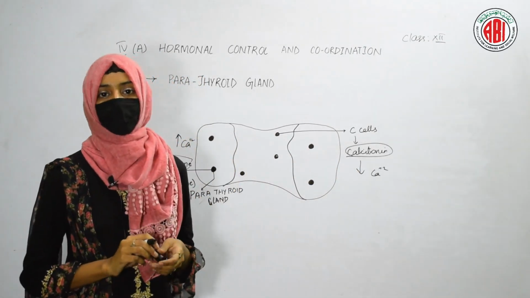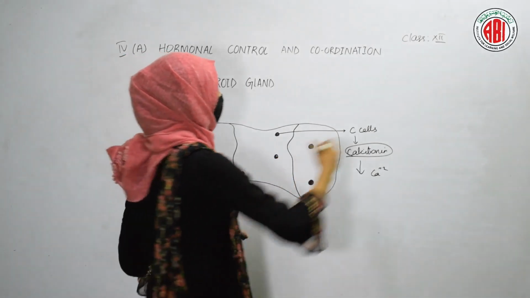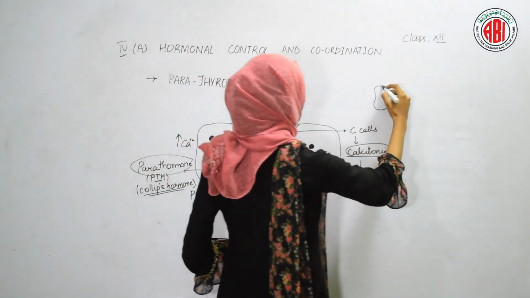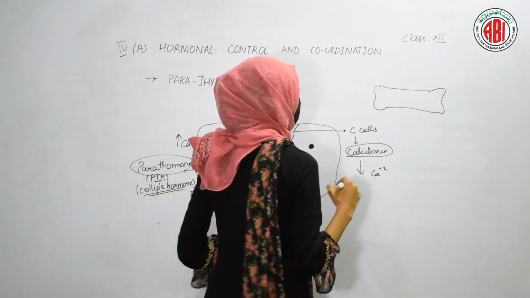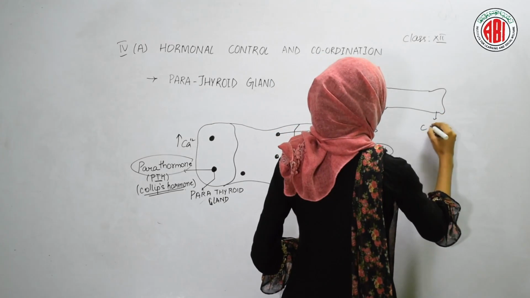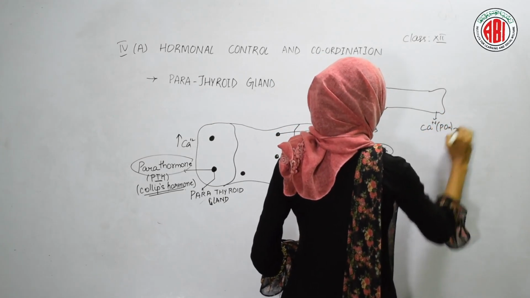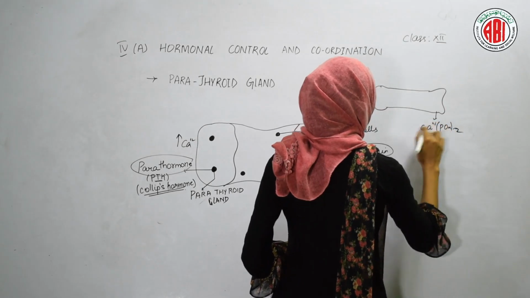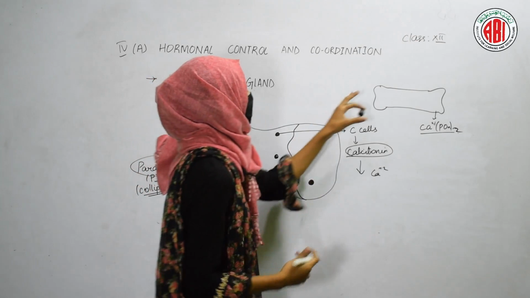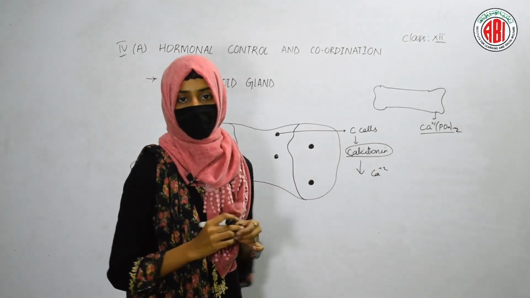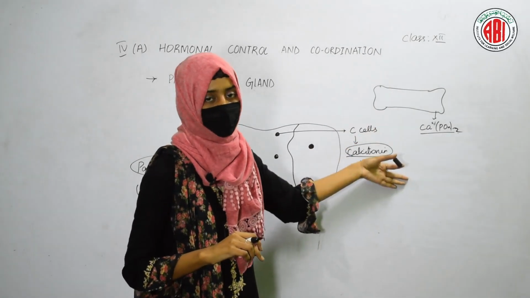Whenever we talk about calcium, we need to take the bone into consideration, as it is the main part where calcium gets stored. So bone is a tissue which is made up of calcium phosphate, right? A lot of calcium is stored in our bone, and the bone is responsible for transporting that calcium into the blood.